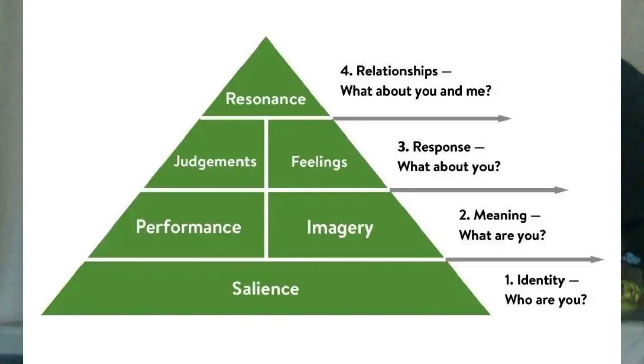Level 2 is meaning. So what are you? This is all about communicating what values you offer as a brand. Why are you different? Why would the audience even care to buy from you, and why should they turn their heads towards your brand instead of your competitors?